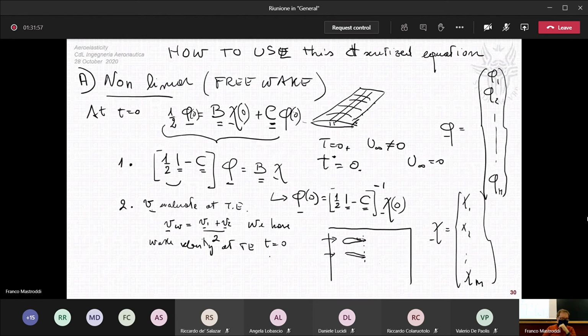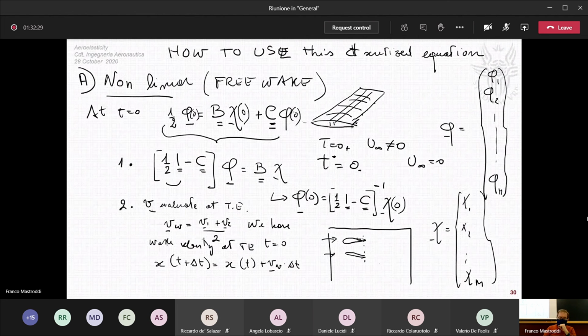And so we can move the wake in the sense that the position of the wake at time t plus delta t should be equal to the position of the wake, which is at the trailing edge at initial time t, plus the velocity of the wake just evaluated by delta t.